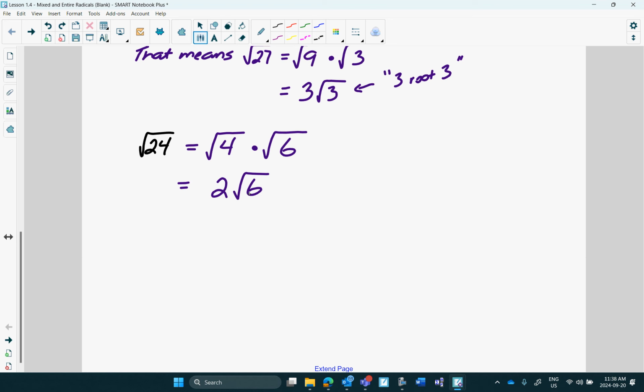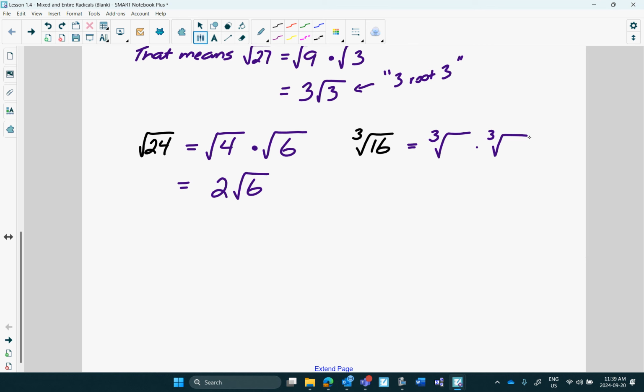Let's look at one more before we go to the next page. Cube root 16. This is where you've got to change your thinking. You're not thinking perfect squares now. You're thinking perfect cubes. So break it down into 2 cube roots that multiply to get cube root 16.